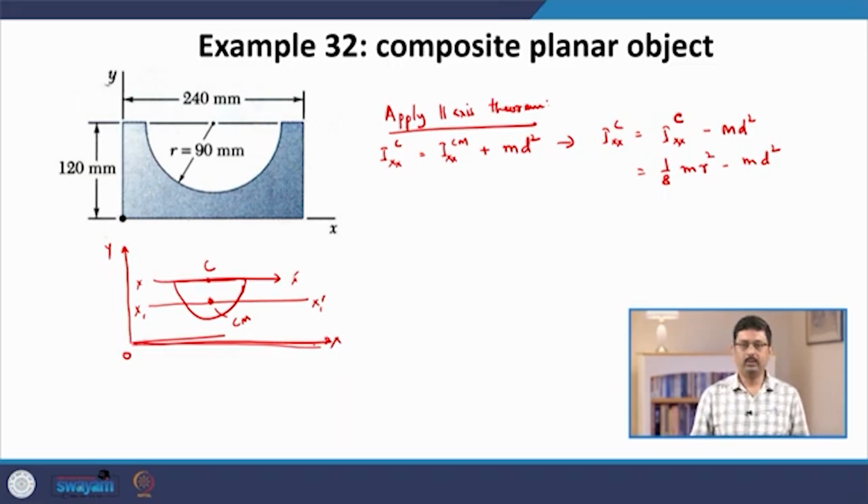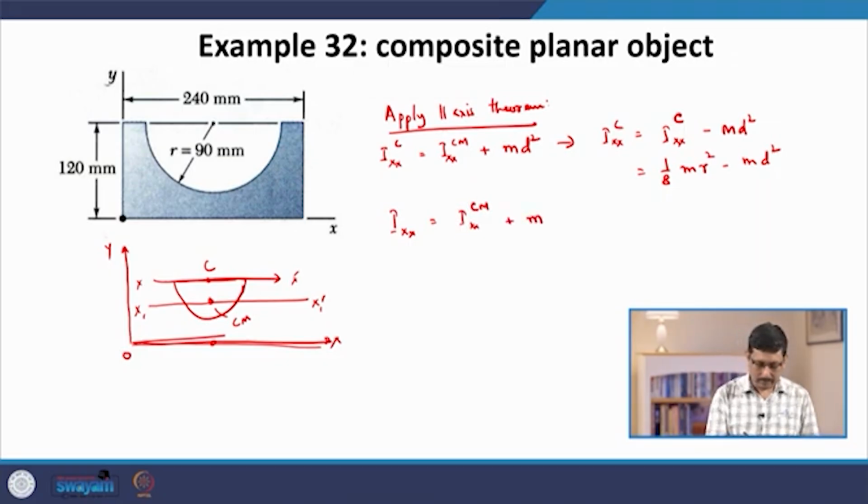So, again we can apply the parallel axis theorem and calculate the moment of inertia about our target axis now. We need to look at this distance, and this distance is h minus d whole square.